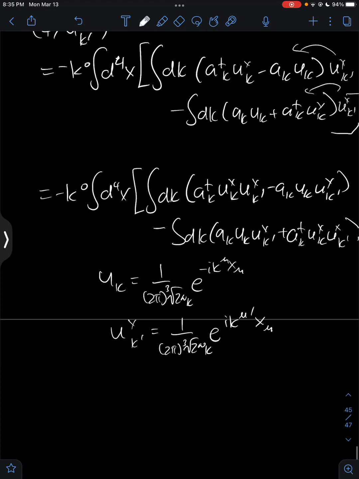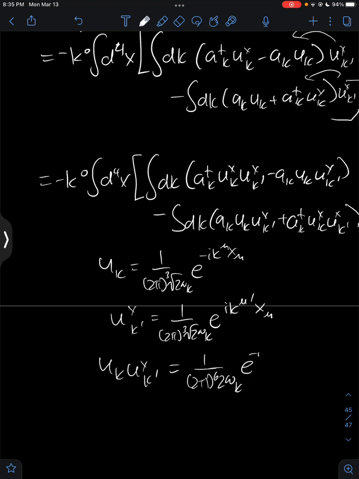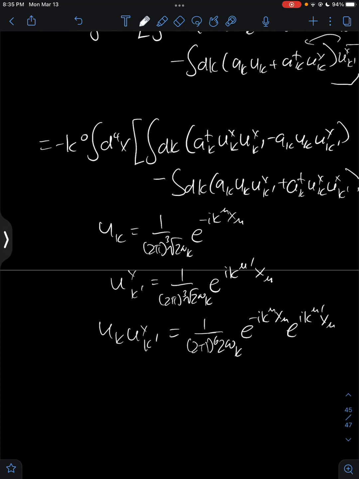So this leaves us with 1 over (2π)^6, and then 2ω_k, e^(-i k_μ x^μ) e^(i k'_μ x^μ). Then we can just rewrite this as i times (k_μ minus k'_μ) x^μ.